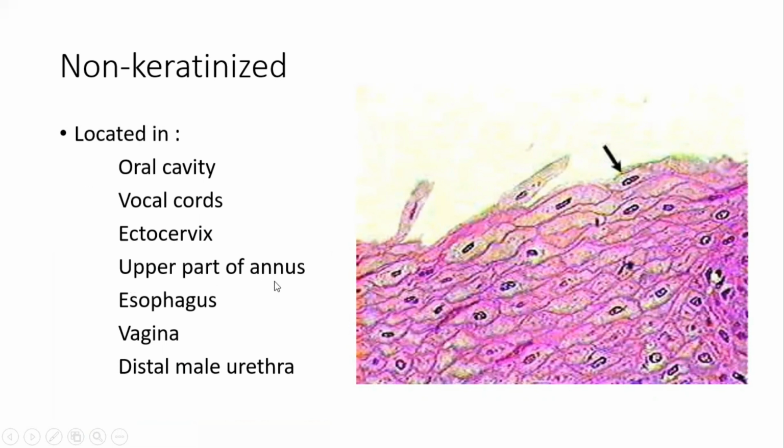And we have the upper part of the anus, the esophagus, in the vagina, and the distal male urethra. So these ones deal with very little friction. So that's why they don't have keratin. They don't deal with food like the tongue. So they are in the lower part of the tongue.